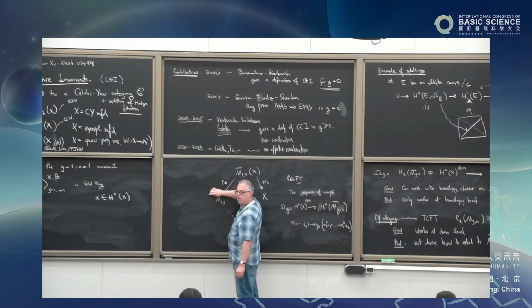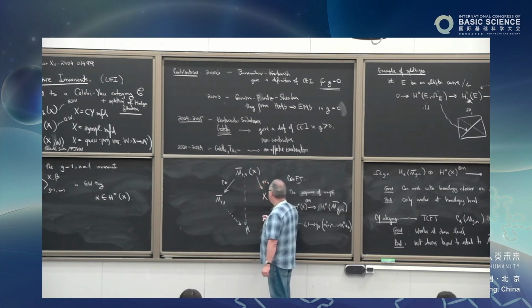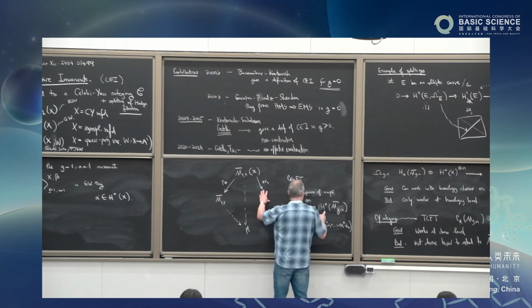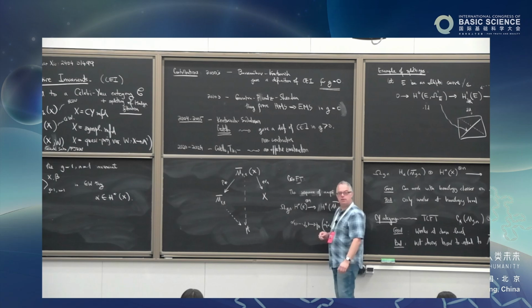I know how to integrate things on chains defined in the interior of M_11 bar, but not on all of M_11 bar. On the other hand, it allows me to start with things that are differential forms on X that are not necessarily closed.